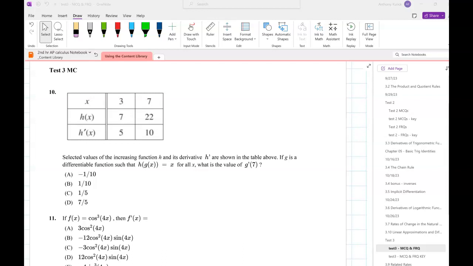That's what we just showed. So now you have 1 over h prime of 3. And now you can go to your table, so the answer is 1 over 5.